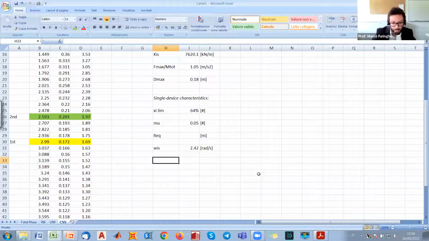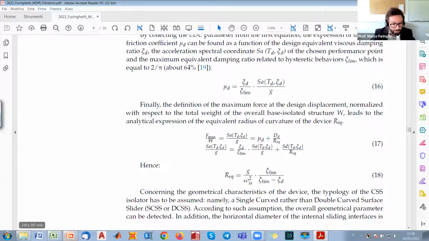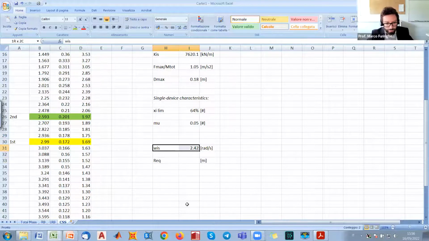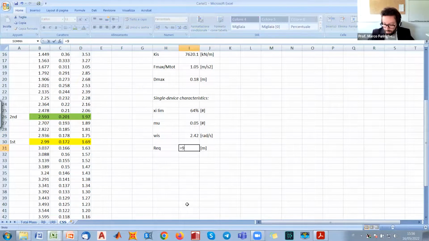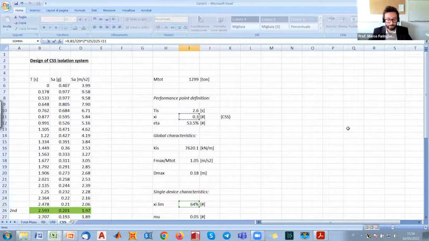So we have g over omega squared times the ratio of damping, and so this is R equivalent. I just move it here. So R equivalent is 9.81, so g, divided by omega squared times Xi limit divided by Xi limit minus the damping ratio assumed for design.